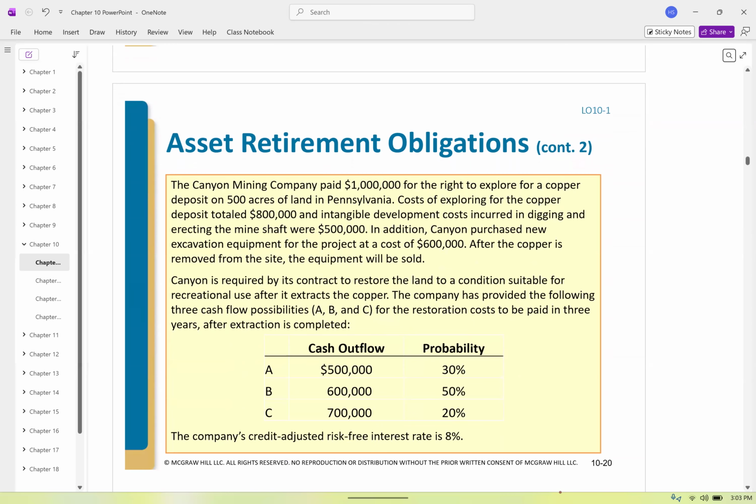So the Canyon Mining Company paid $1 million for the right to explore for copper deposits on 500 acres of land in Pennsylvania. Cost of exploring for the copper deposit totaled 800,000, and intangible development costs incurred in digging and erecting the mine shaft were 500,000.